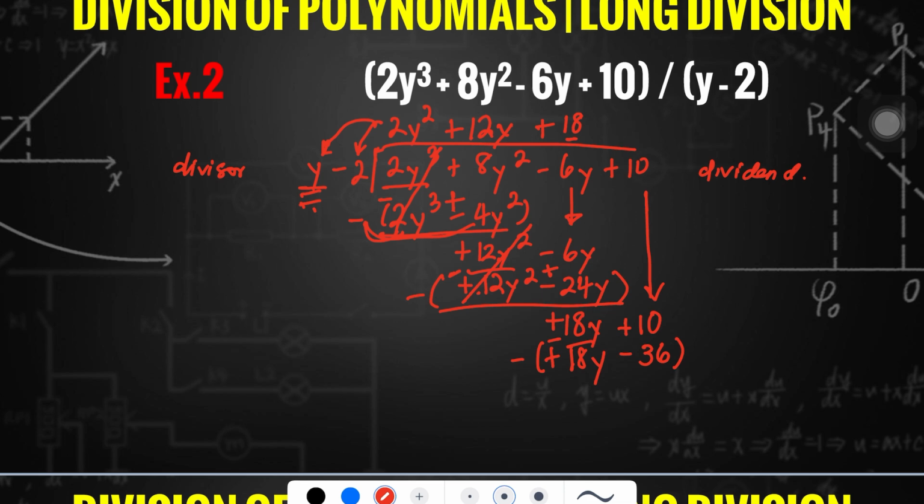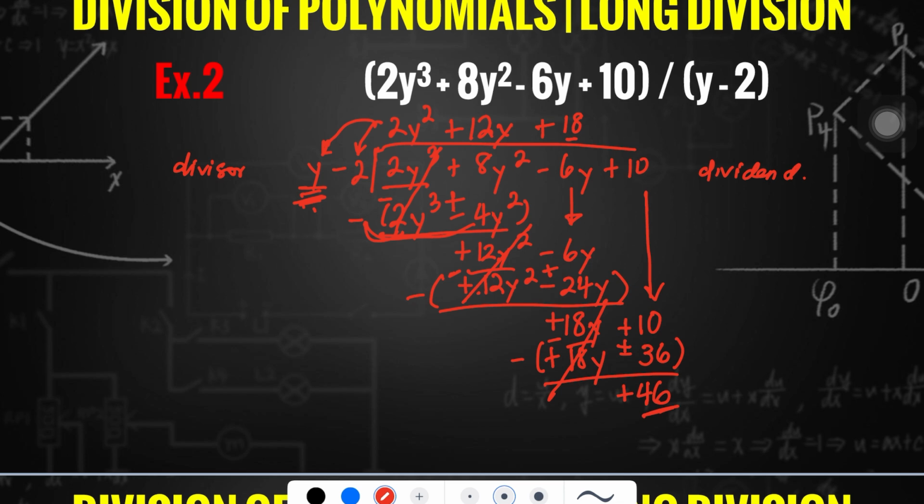This will become negative, while this one will become positive. So subtract, cancel, that's 0. And then we have positive 10 plus 36. That's positive 46.